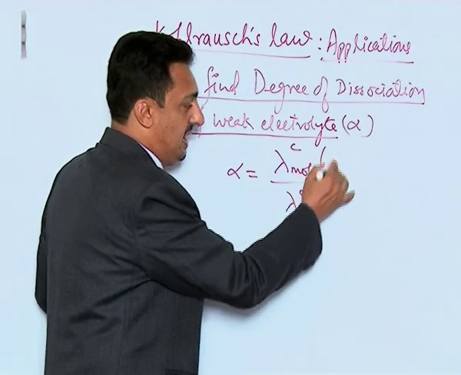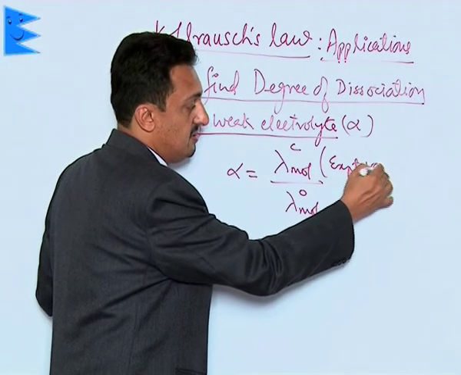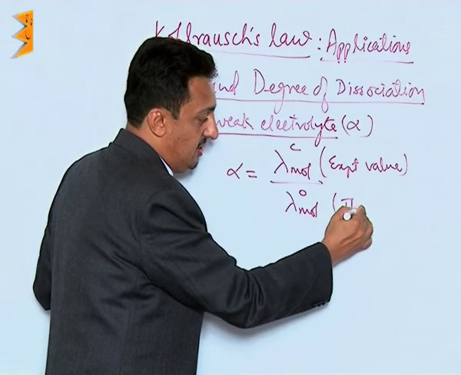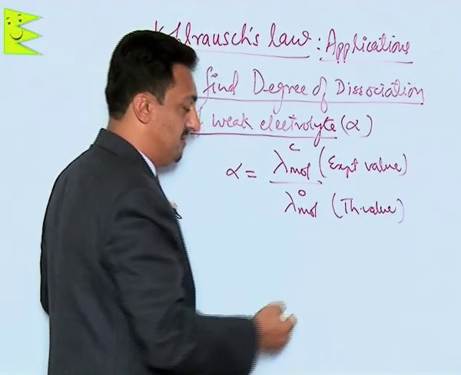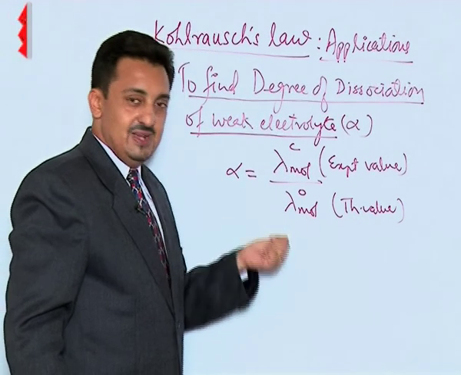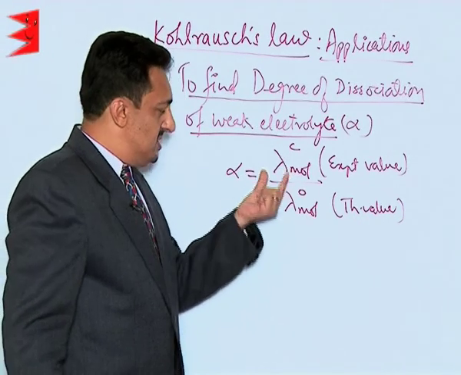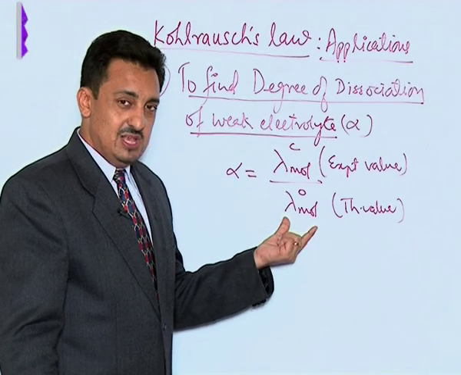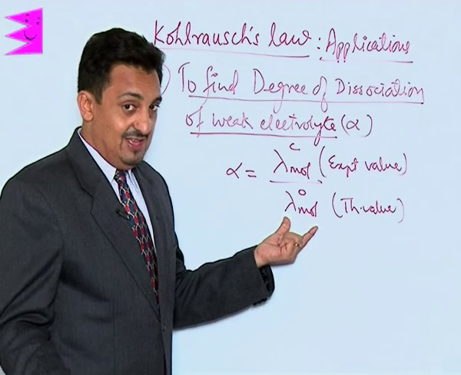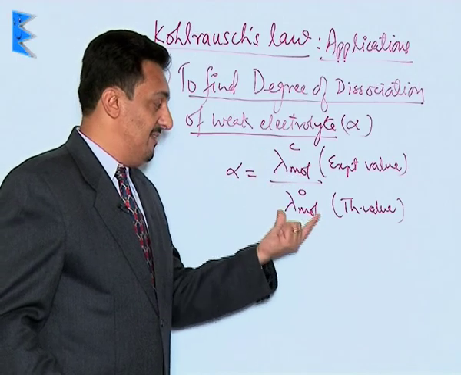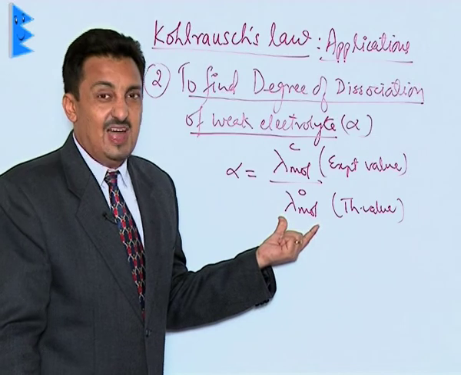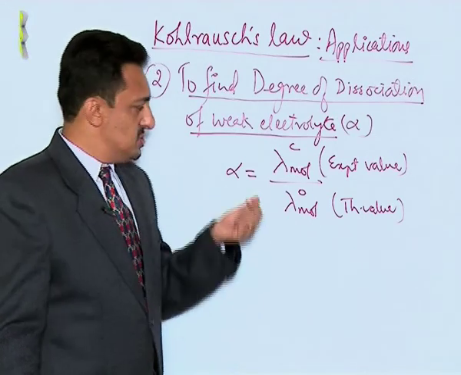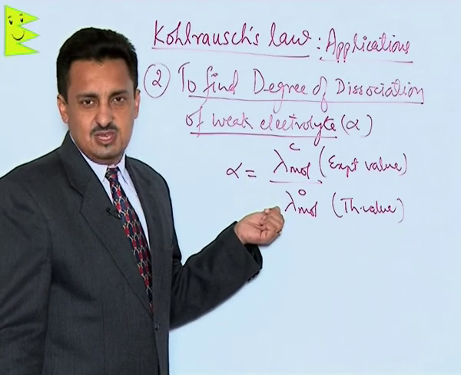This will be the experimental value at any particular concentration, and this will be the theoretical value which we will determine as I have explained in the previous application. So this is to what extent it has dissociated, and this depends upon if it dissociates completely. The extent of dissociation divided by the total dissociation will give us the idea of how much the weak electrolyte has actually dissociated. So alpha can easily be determined by this ratio.